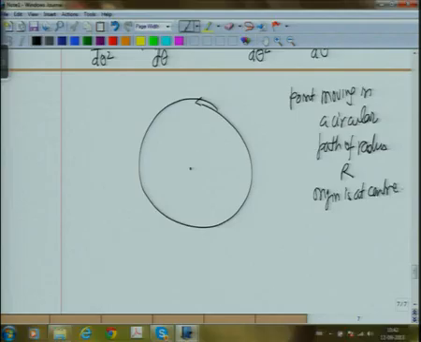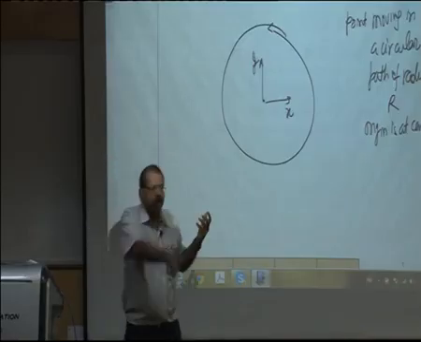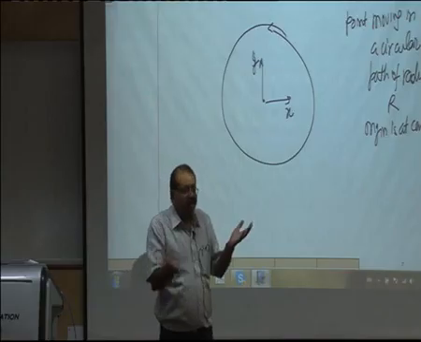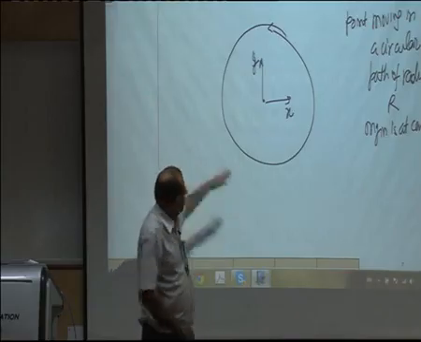Let us first do this problem with origin at the center. So this is basically cylindrical coordinates in a plane. There is no z component. In a lot of problems you will come across cylindrical coordinates with no z component. There may be a z component, there may not be one.